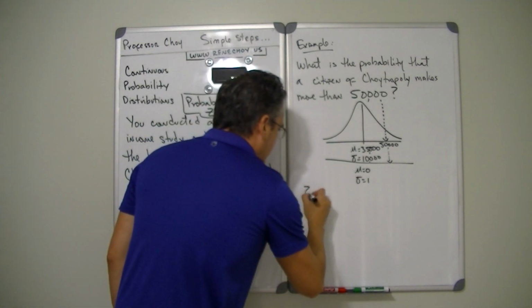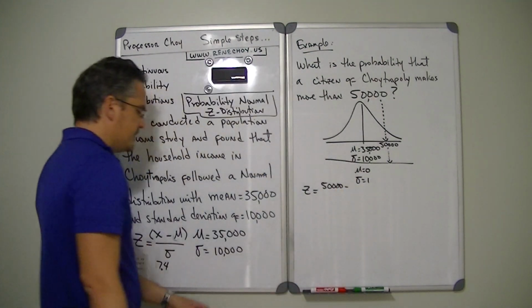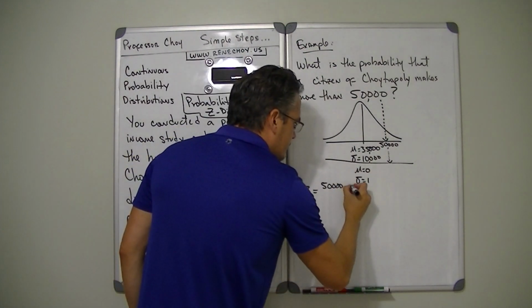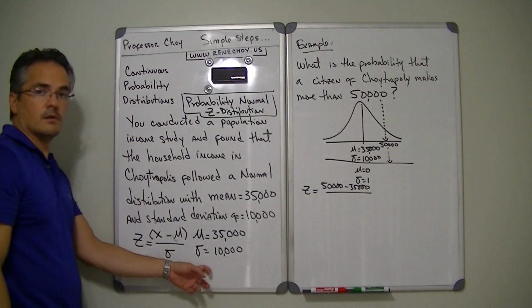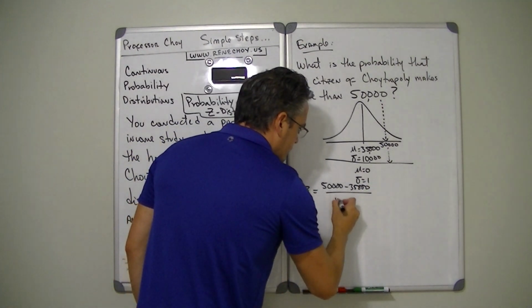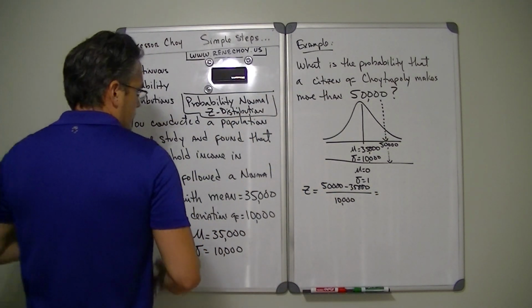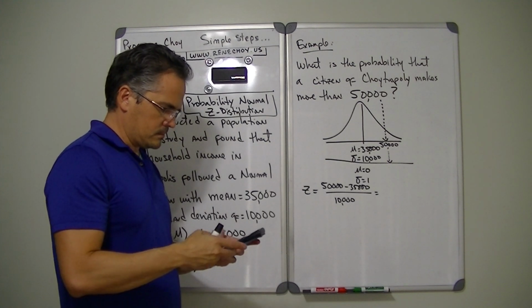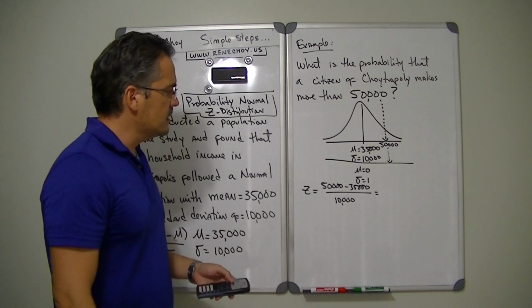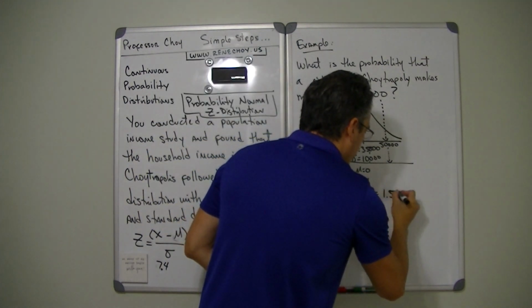So z is equal to 50,000 minus mu, which is 35,000, divided by sigma, which is 10,000. Okay, so we got 15,000 divided by 10,000. And the answer to that is 1.5.